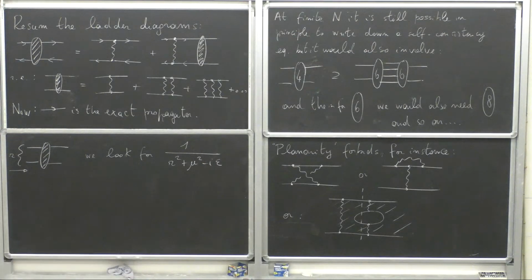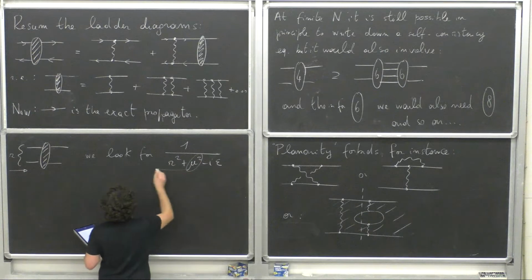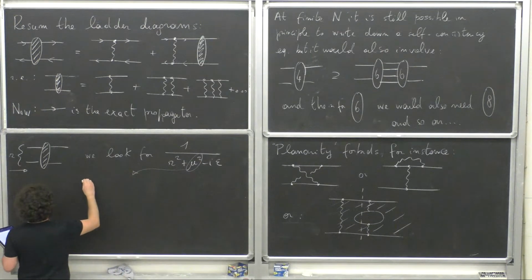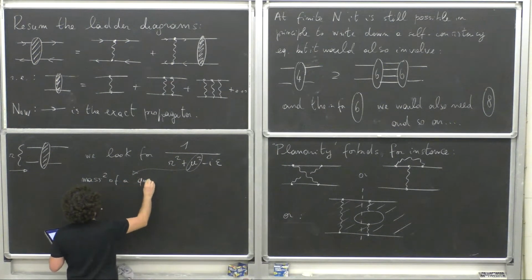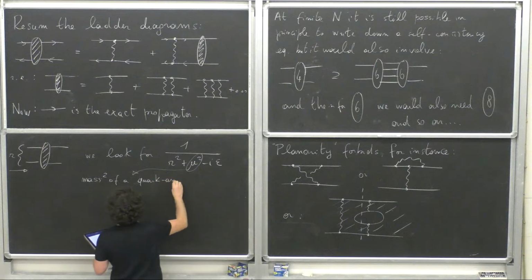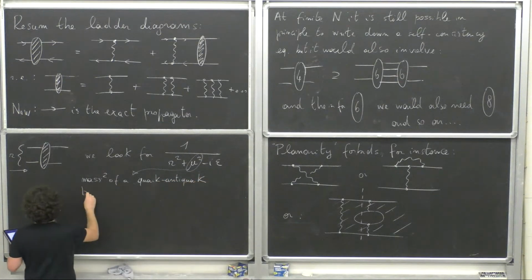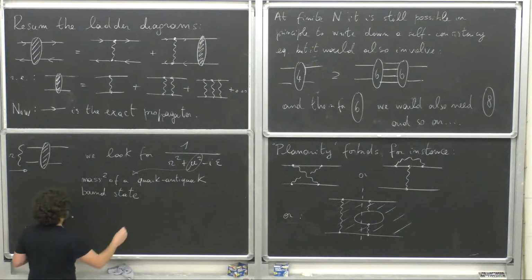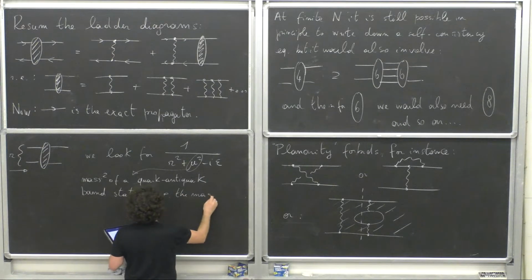So this is a pole, and the position of this pole tells us about the mass squared of a quark anti-quark bound state, i.e. the mass squared of the meson.